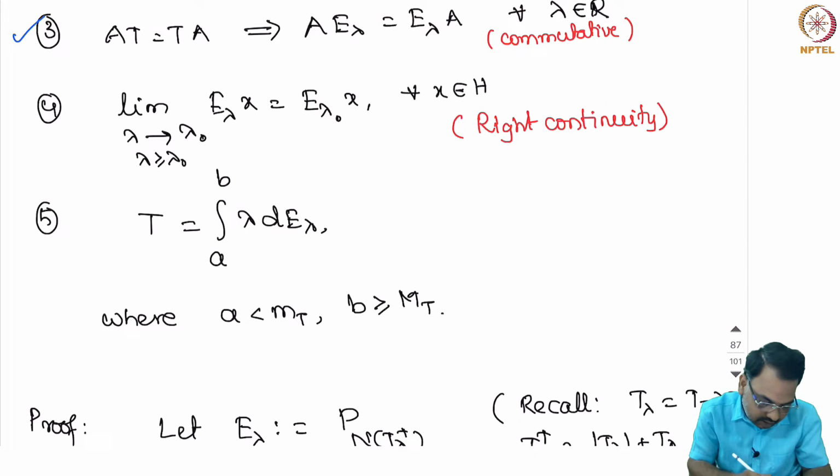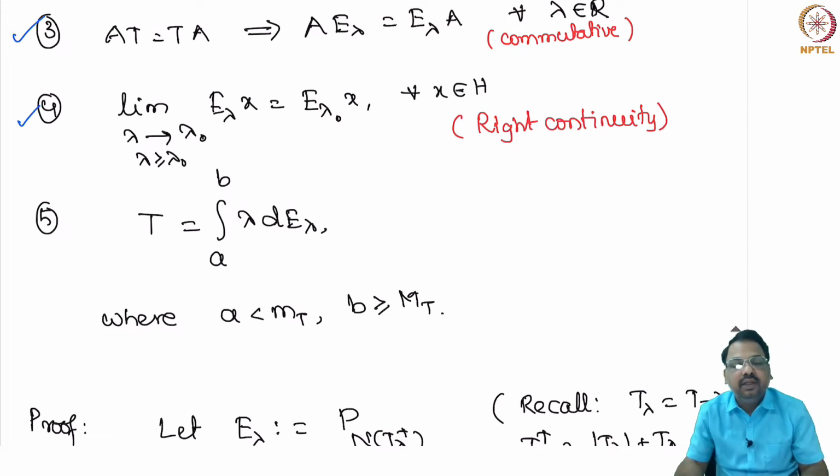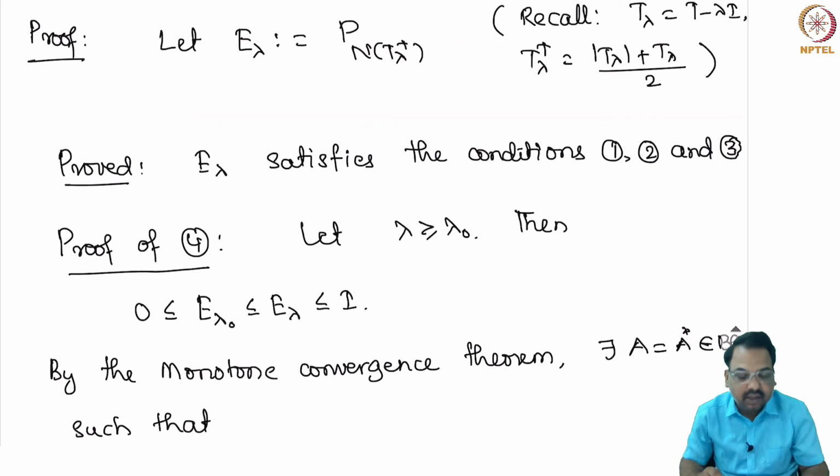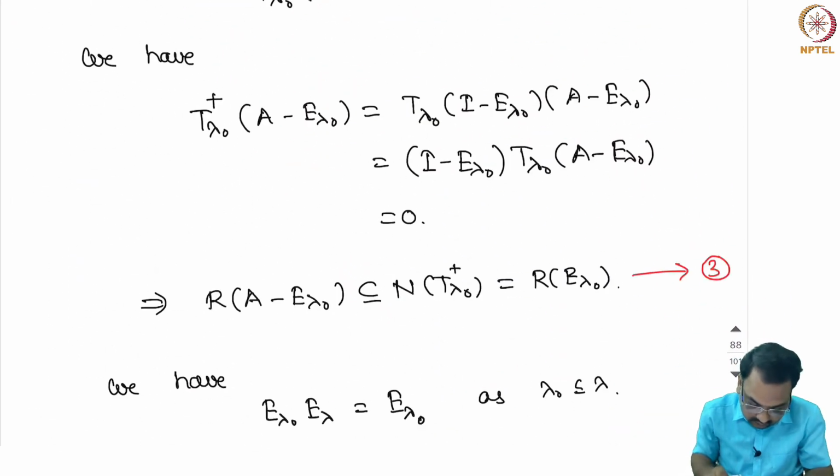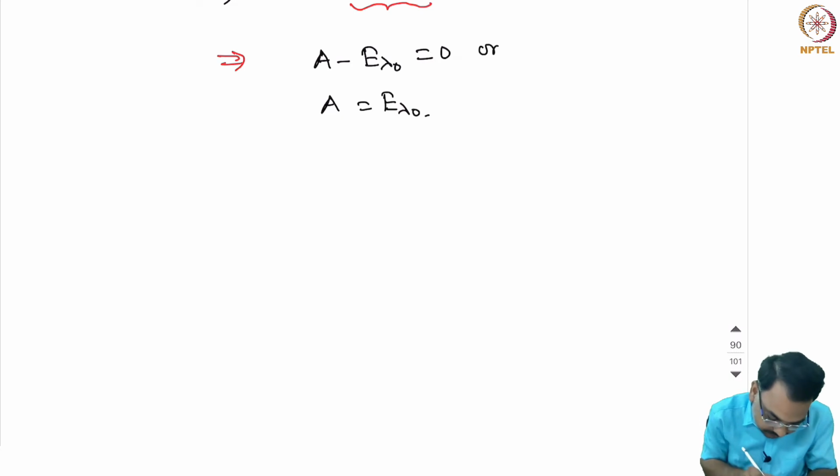Now we want to look at the spectral representation of T using this Riemann-Stieltjes-like integral. So let us look at the proof of the fifth one.